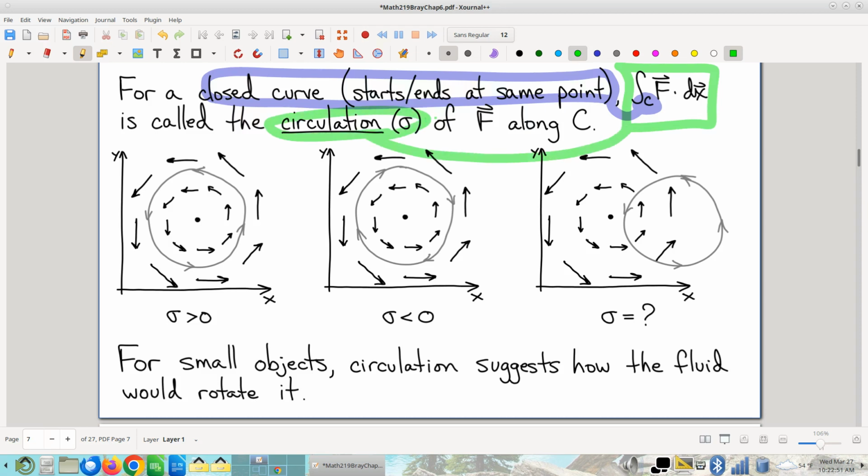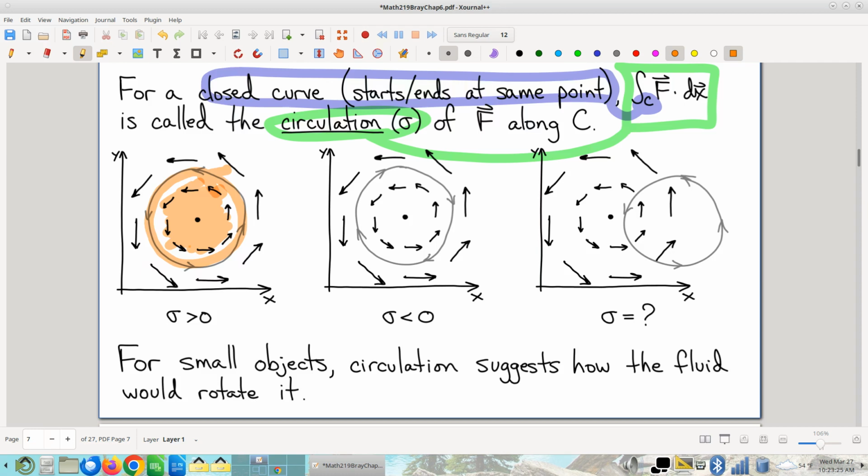It represents the extent to which the fluid is following around the closed curve, and therefore you might say the extent to which the fluid is representing a rotation. And I like to point out that the extent to which the fluid is flowing, let's say counterclockwise on the edge, tends to correlate with the extent to which it's doing that over the interior, right? On the small scale, we would expect these to be roughly the same idea.